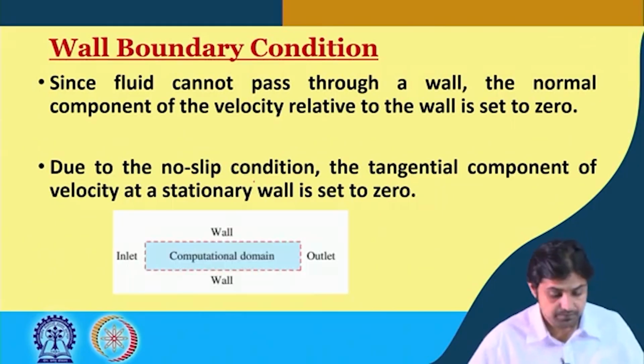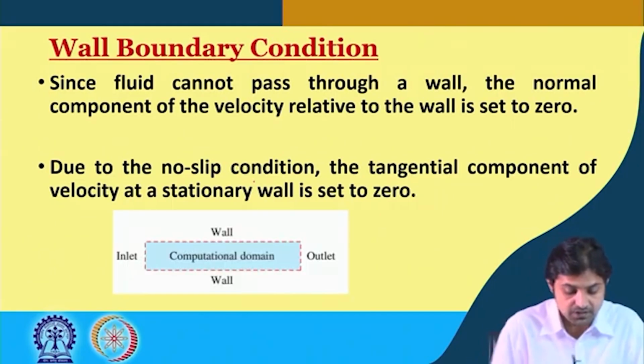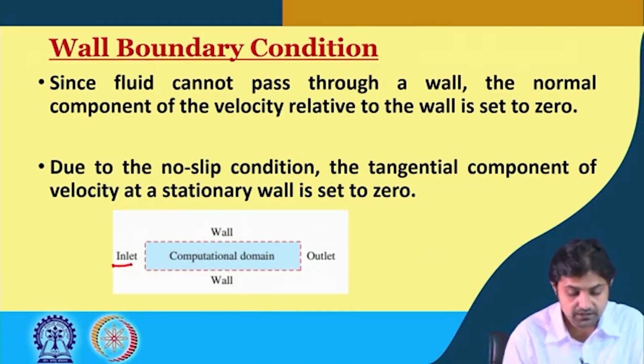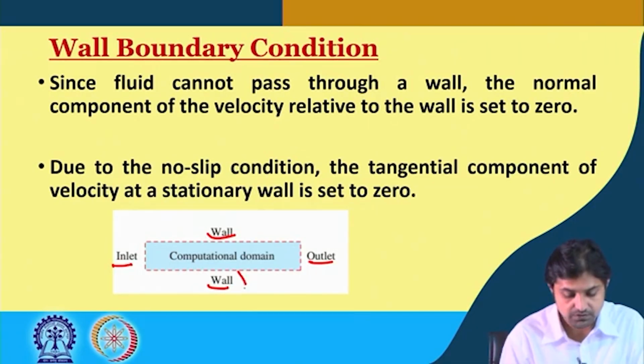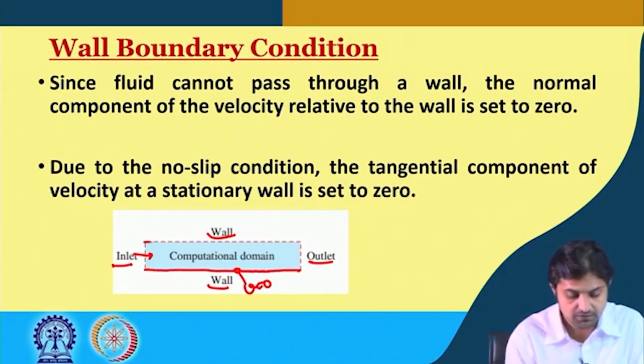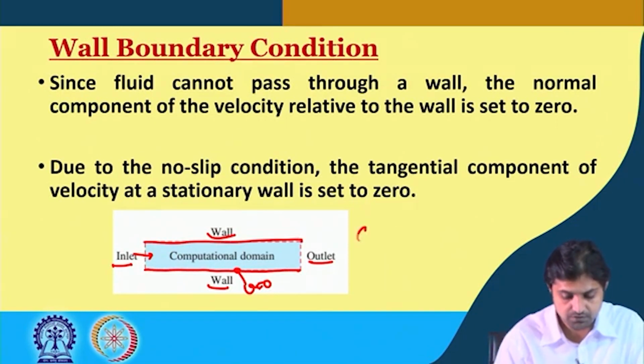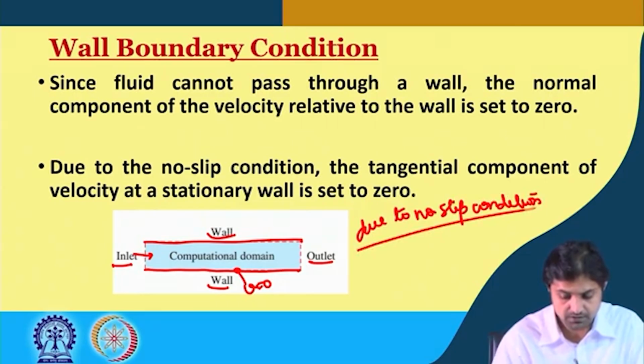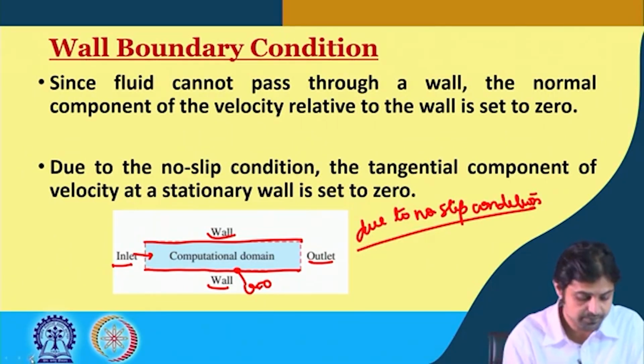All right. So, you see there, if there is an inlet here, there is a wall here, there is a wall here, there is an outlet. The velocity at this point does not matter what the velocity here is, anywhere across this wall, the velocity will be 0 due to the no slip condition. All right.